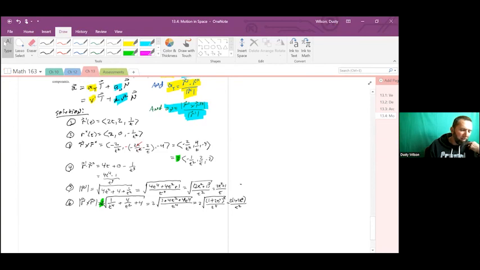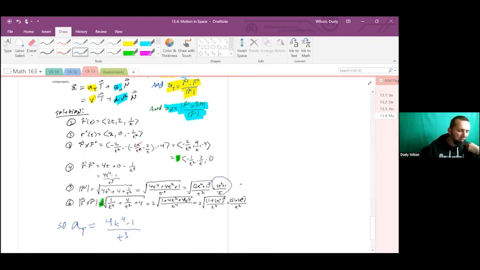Our AT, or our tangential component of acceleration, will be equal to r prime dot r double prime, which would be 4t to the fourth minus 1 over t cubed, and then we're going to divide by the magnitude of r prime, which is 2t squared plus 1 over t.